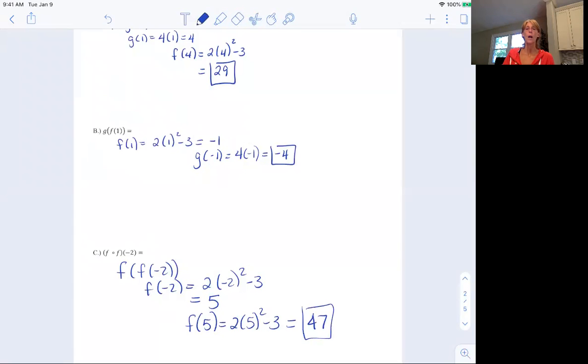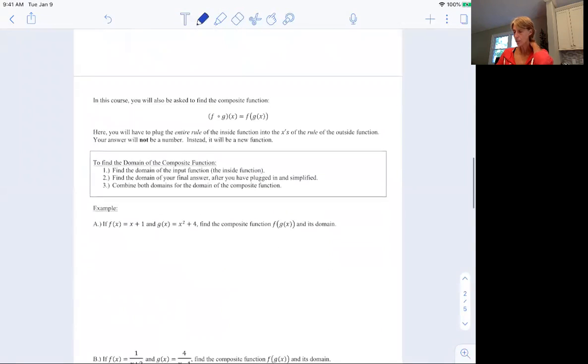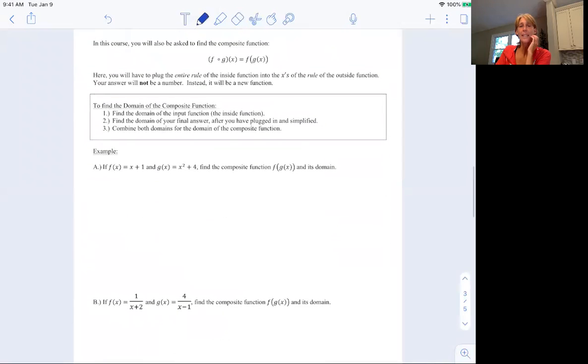So when we evaluate, our functions are kind of like a machine, f of g of x. Start with the inside and move right to left, inside to outside. In this course, we're also going to be asked to find the composite function.